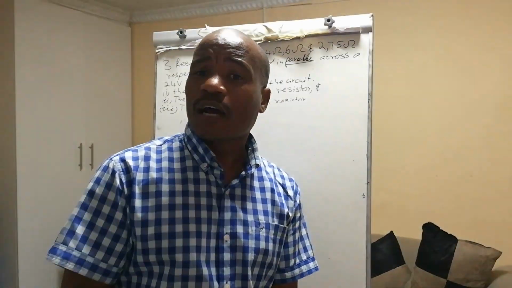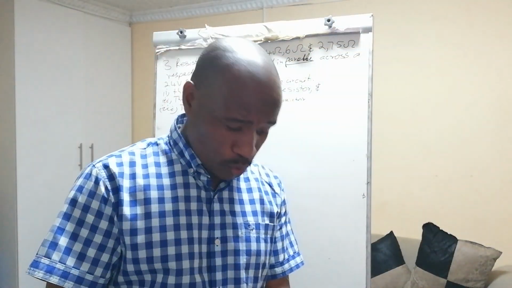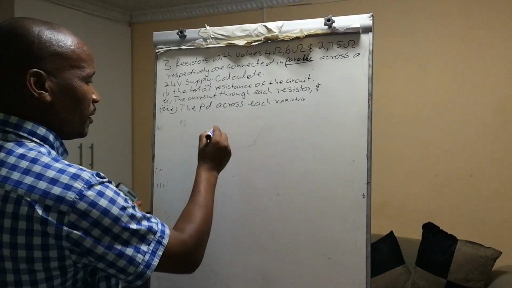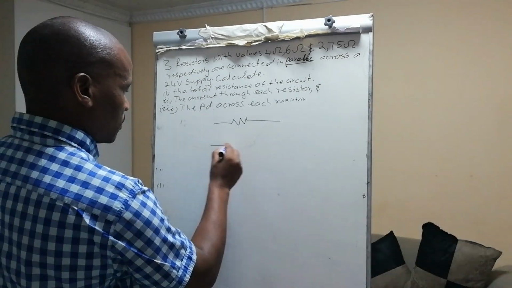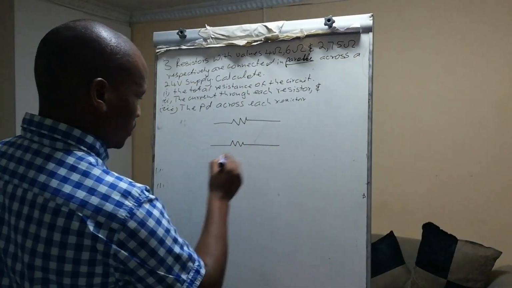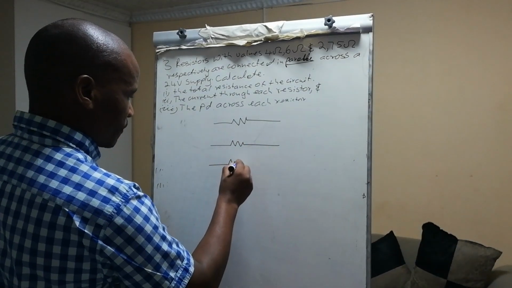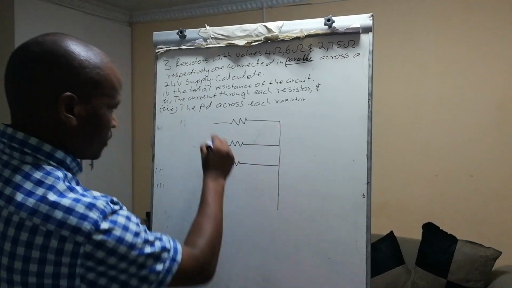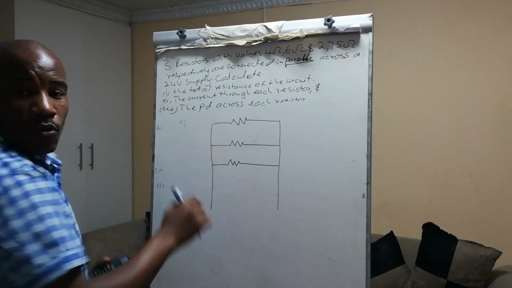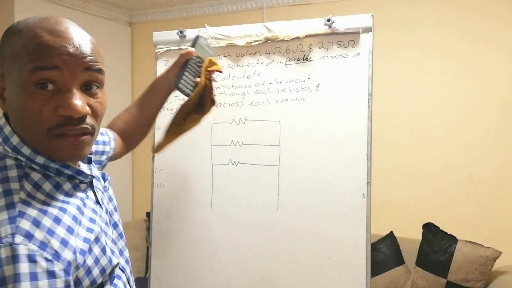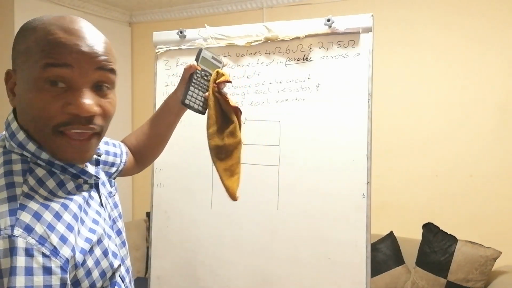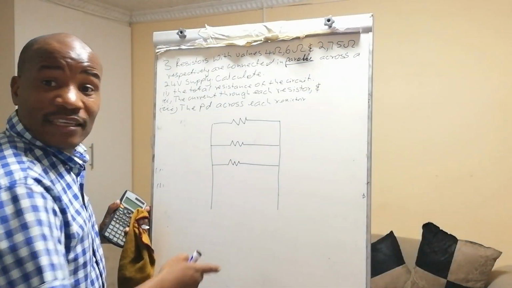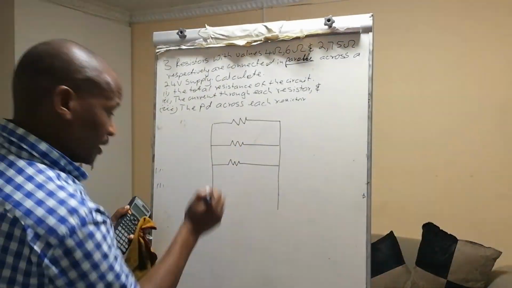But now, how do we connect them in parallel? How do you show by means of a sketch that they are connected in parallel? That's easy. It is this. What you see there, fellow scholars, it should make sense here. Otherwise, we are also wrong.